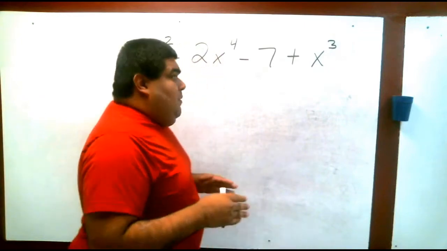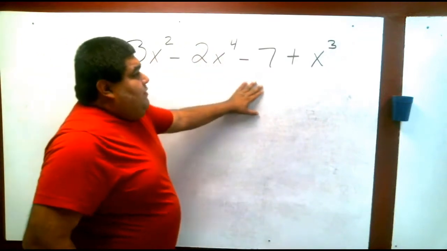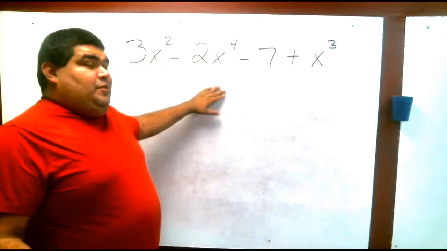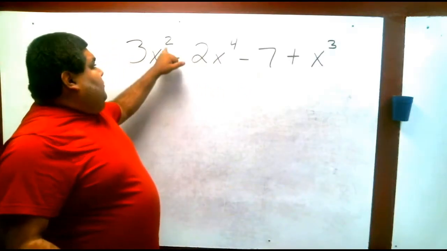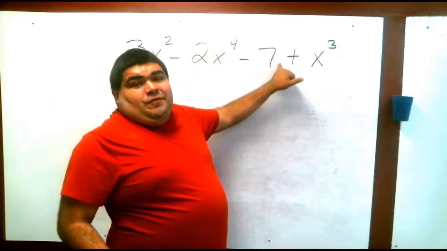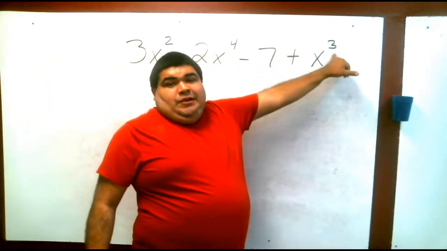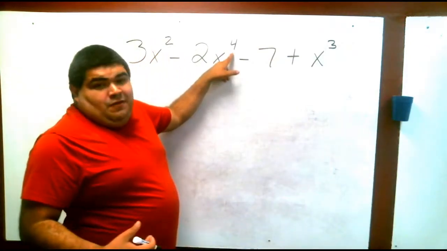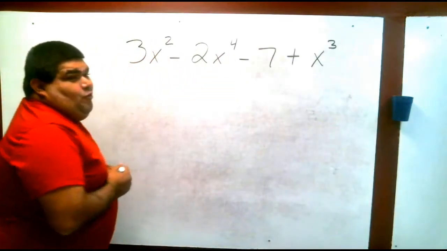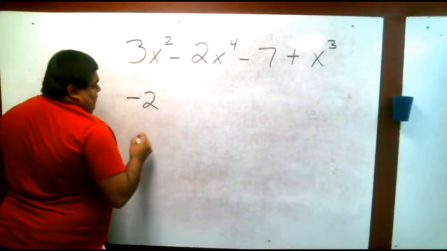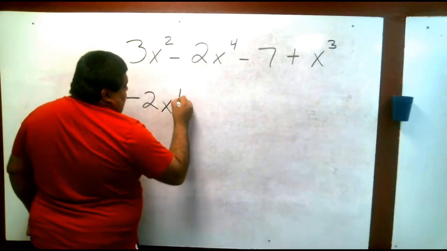So in this problem, let's look for the one that has the biggest number in the exponent. This one has a 2, this one has a 4, there's no variable here, and there's the 3. The biggest one would be 4. So our leading coefficient would be negative 2x to the fourth.